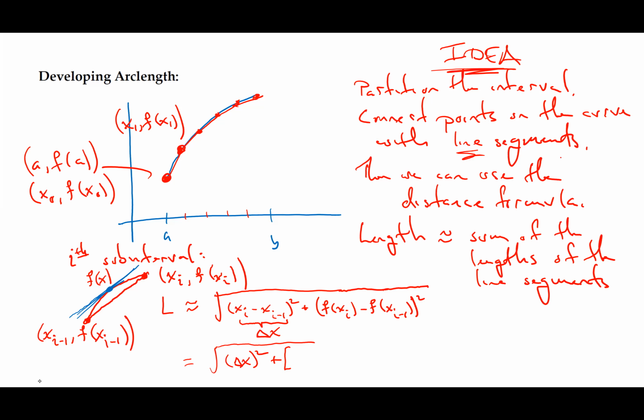And so using the mean value theorem, I can actually rewrite this as f prime of, I'm going to call that x i star, meaning wherever that point of tangency is, that's x i star. I know it's there. Delta x squared. And so what did I use? I used the mean value theorem.